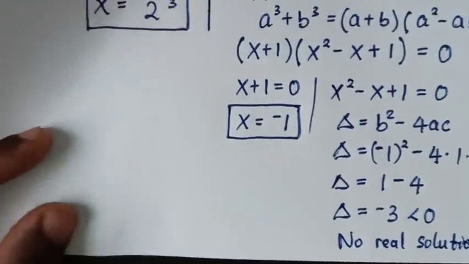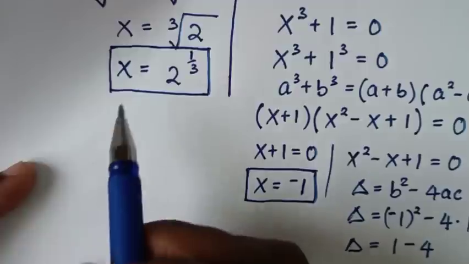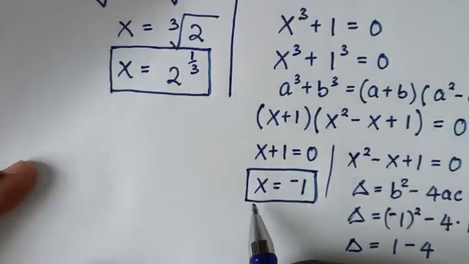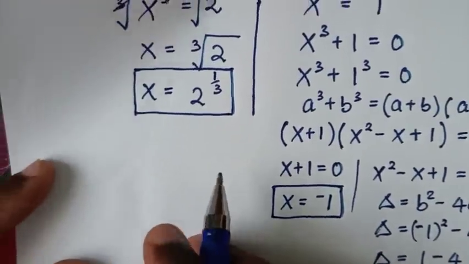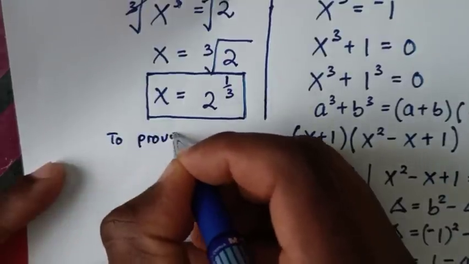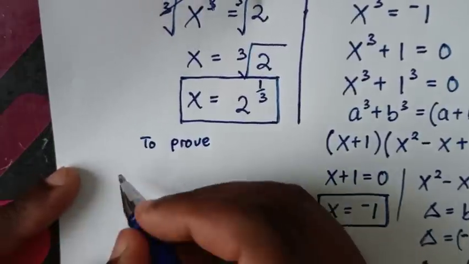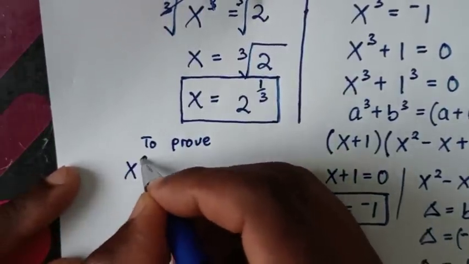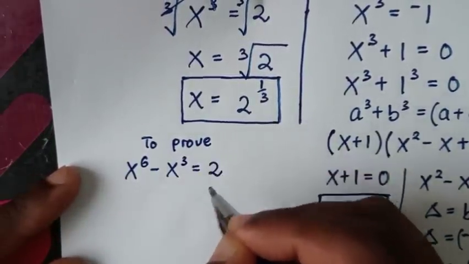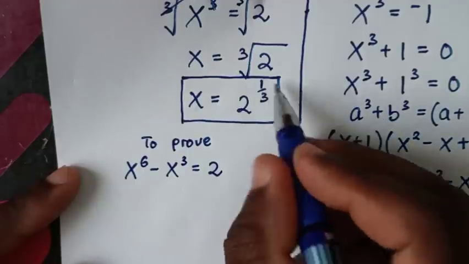Therefore, we have only two values of x, which are x = 2^(1/3), and x = -1. Now to prove, from our problem, which was x^6 - x^3 = 2, let's prove for this value here.